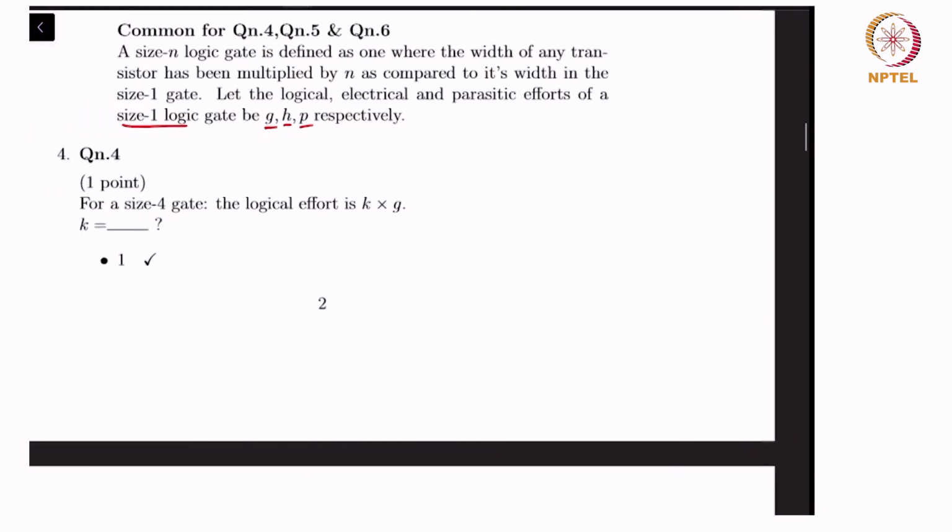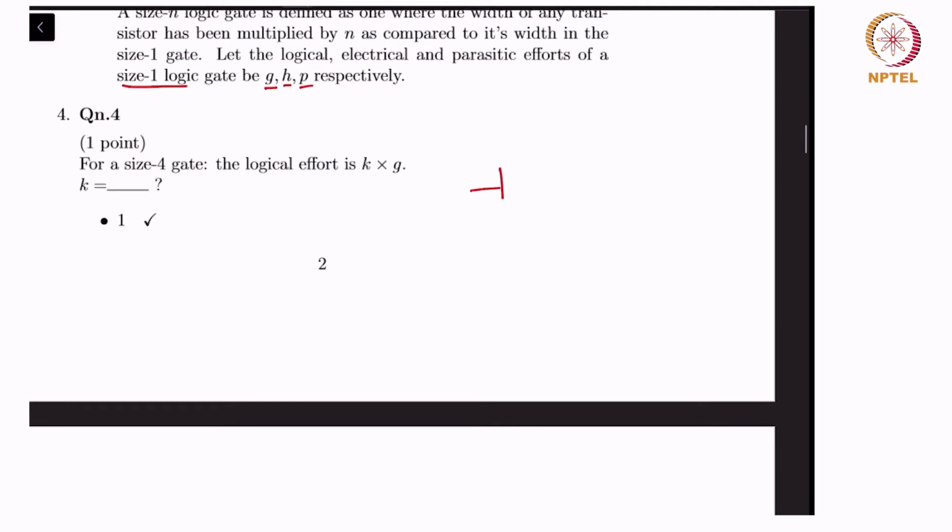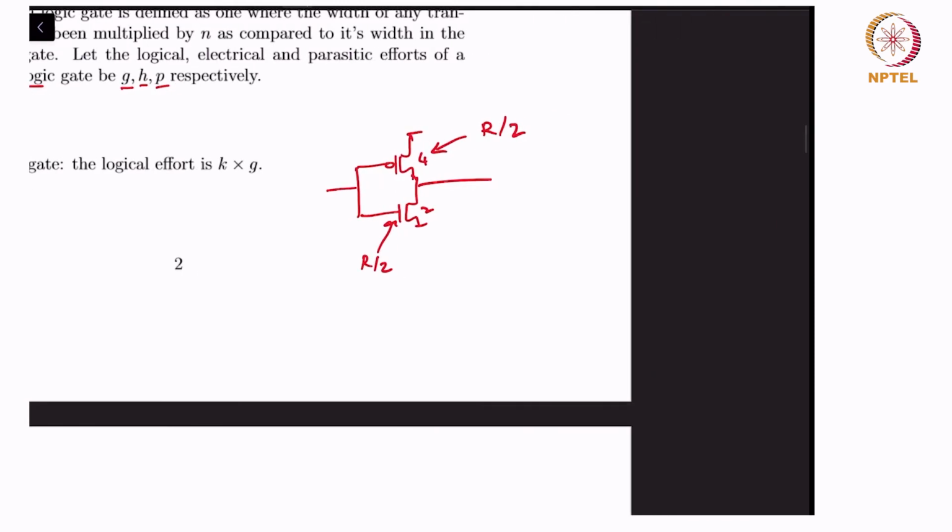And this is because, if you take an inverter, let's say for example, but this argument generalizes to other logic gates too. If you take an inverter and you do 4 2, that means the resistance here is now R by 2. The resistance here is now R by 2, because of equal rise and fall delay. So now it sinks a current of 2I.